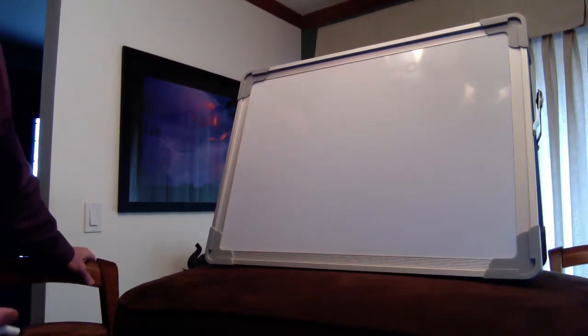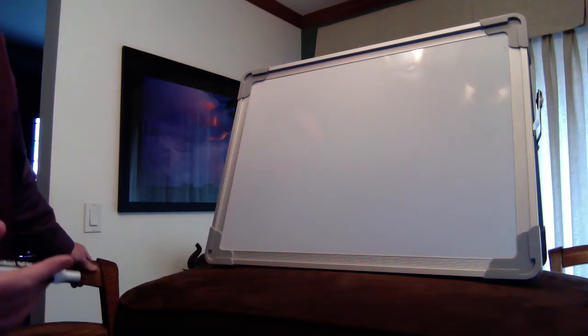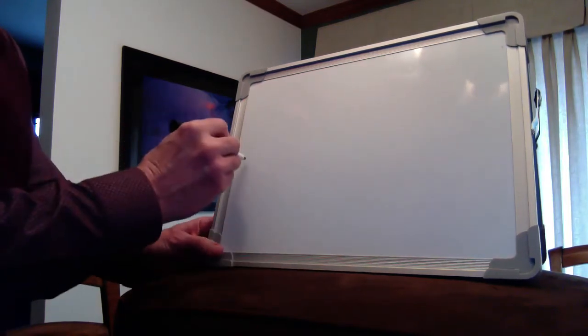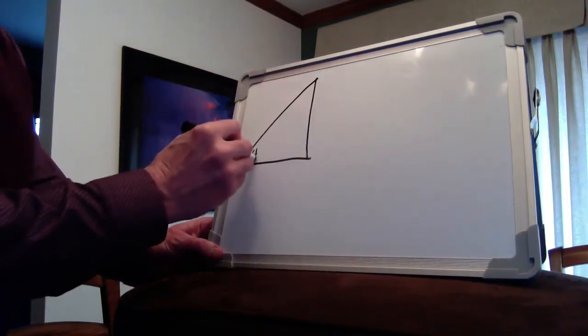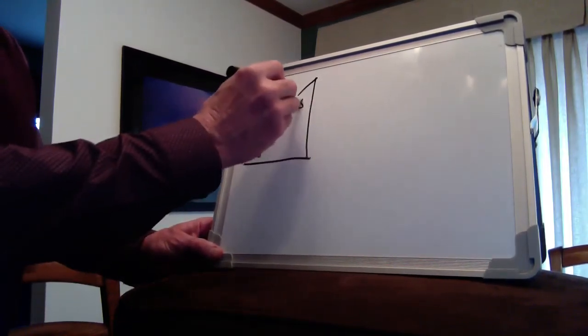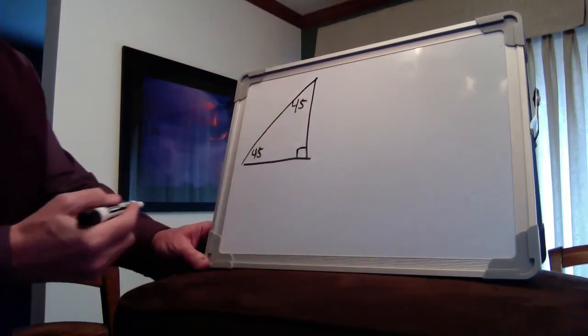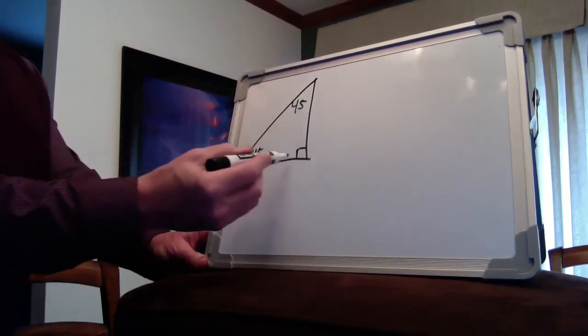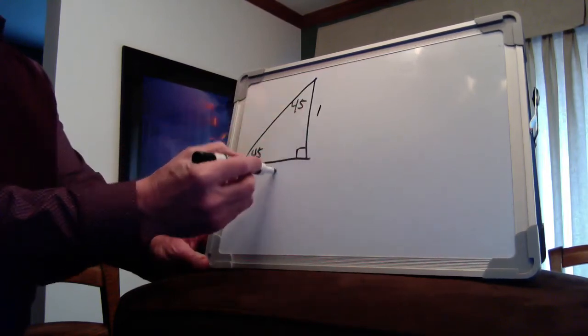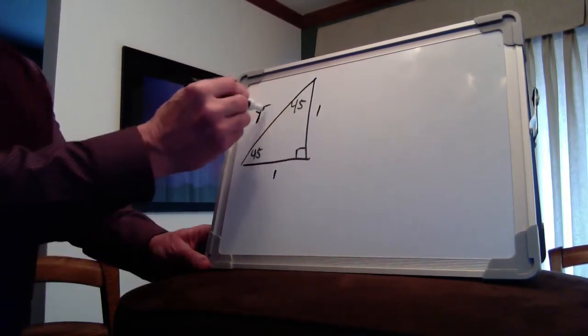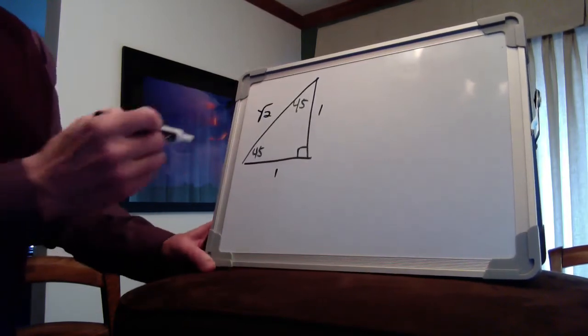The unit circle is based upon special right triangles that I think you're familiar with. One of them is 45, 45, 90, where the sides across from the 45 are 1, 1, and then rad 2. I think you learned the derivation of this in geometry.